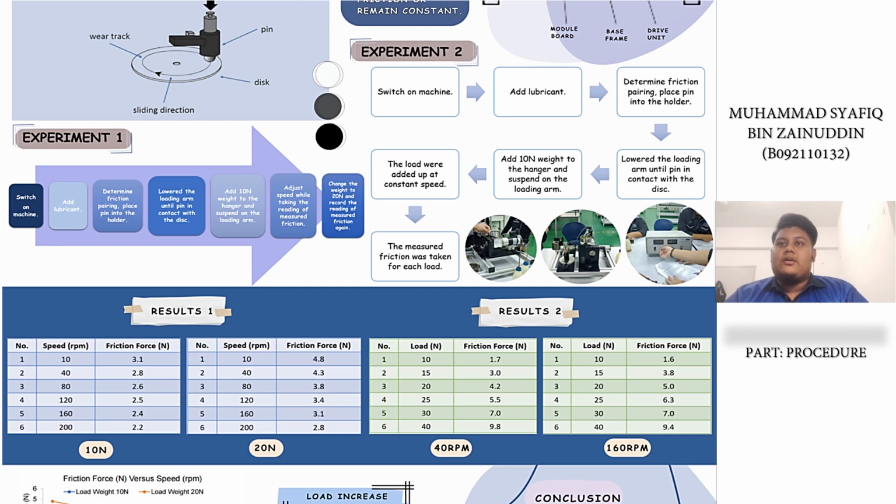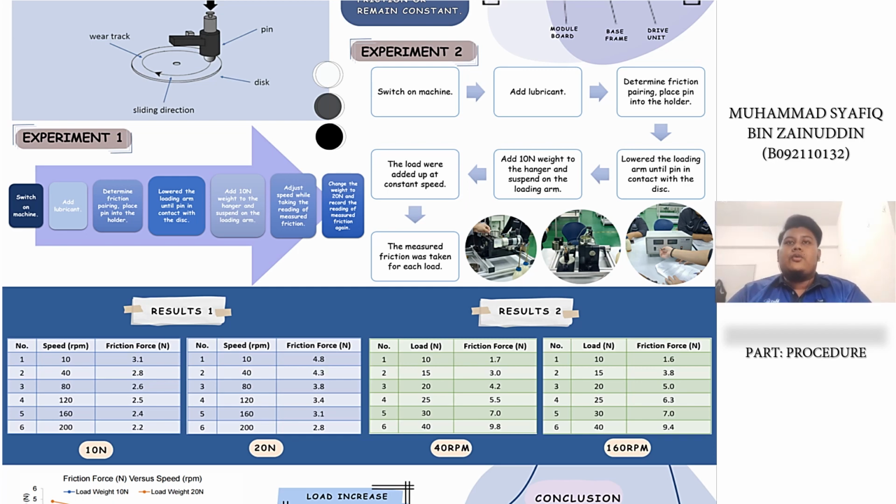After that, we add 10 Newton weight to the hanger and suspend it on the loading arm. After that, we adjust the speed while taking the reading of the measured friction. And lastly, change the weight to 20 Newton and record the reading of measured friction again.